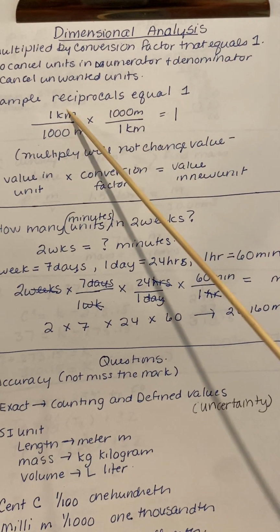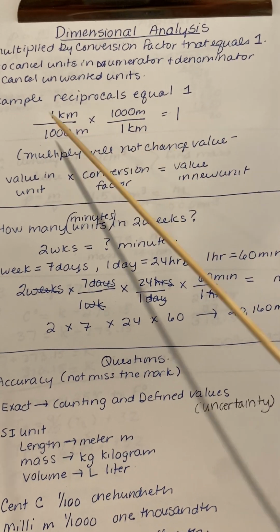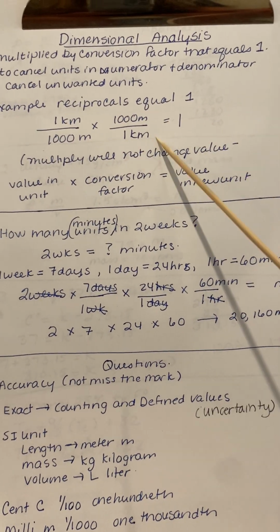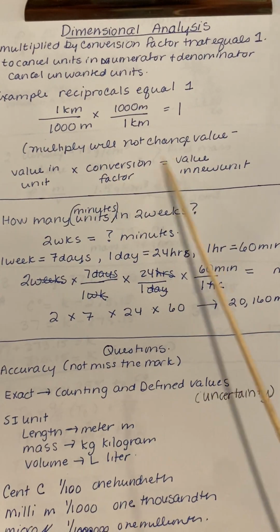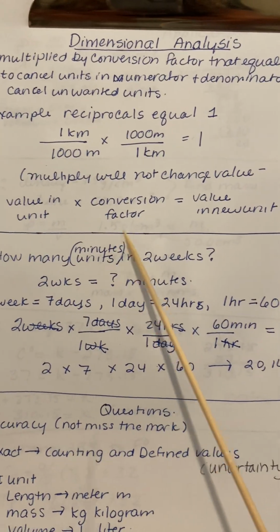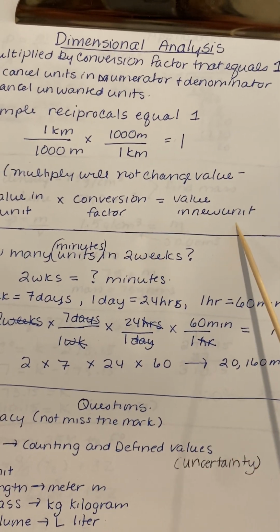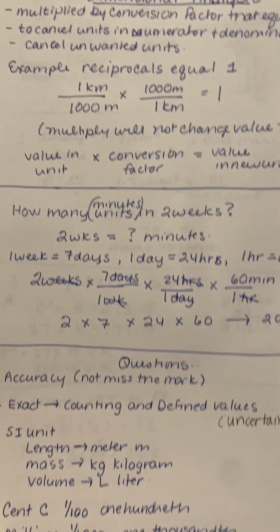If you multiply that out, you can cross this number out and this number out, and you get 1. They would equal 1, right? So multiplying by 1 will not change the value. So you'll have the value of the unit times the conversion factor, which is going to equal the value of a new unit. So let's really see how we do this.